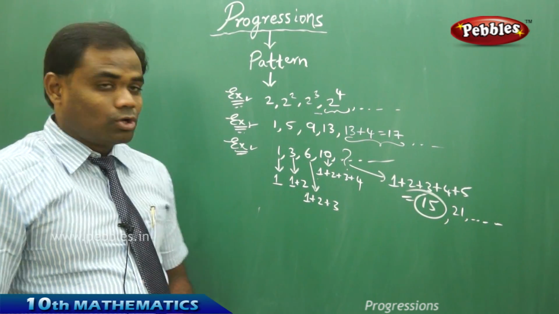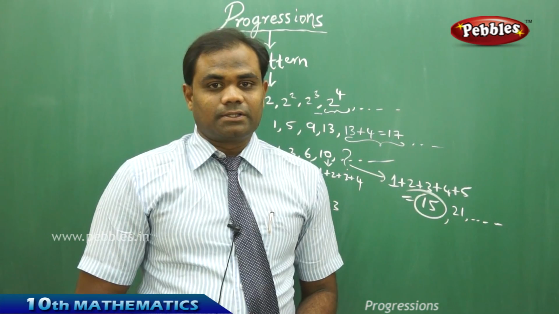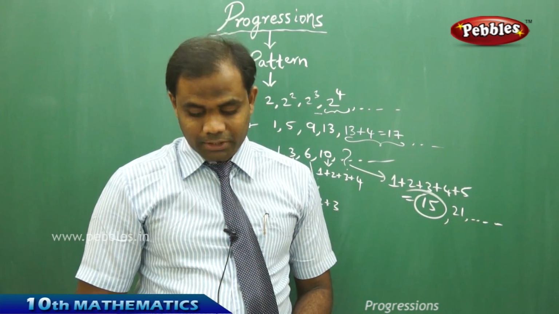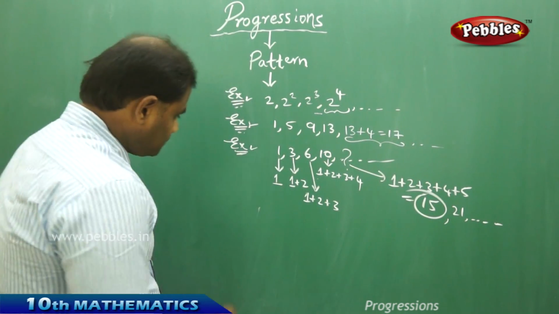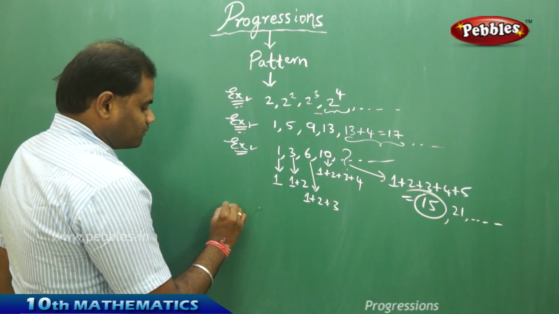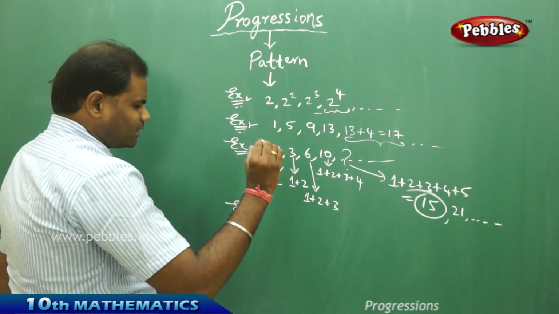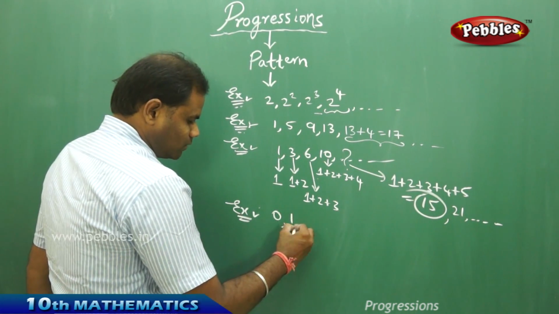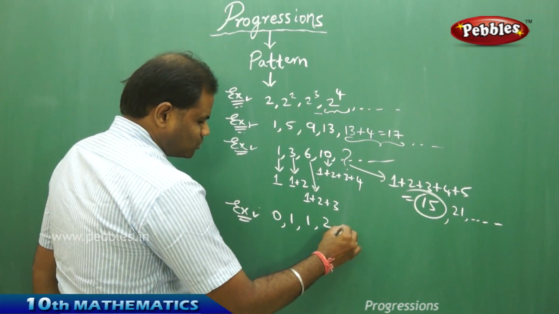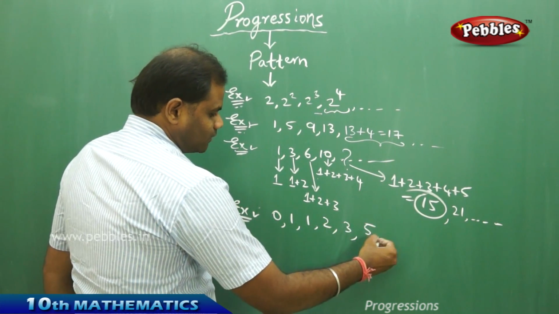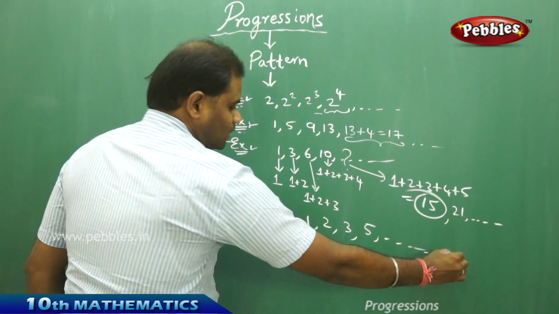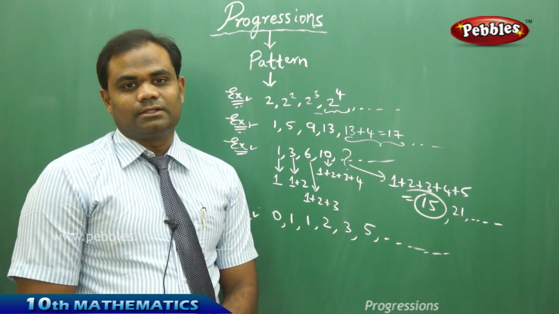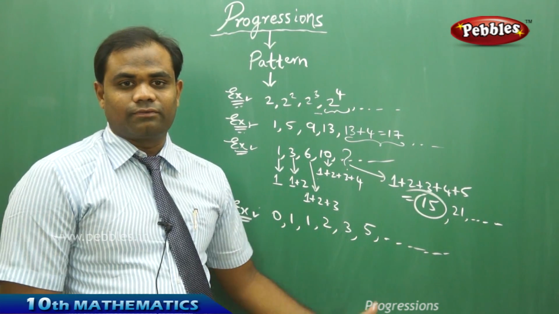Now let's come to the most important pattern in mathematics called the Fibonacci sequence, which is still a mysterious fact in mathematics. So let's see what the Fibonacci sequence says in its own terms. To start with, 0, 1, 1, 2, 3, 5, etc. So what kind of a pattern is this, and what are the next terms in the pattern is what we are going to identify here.